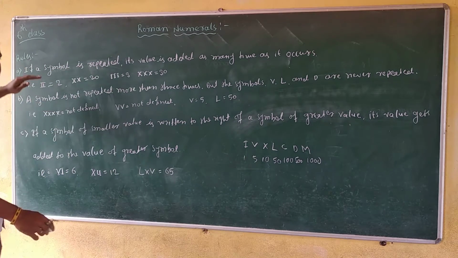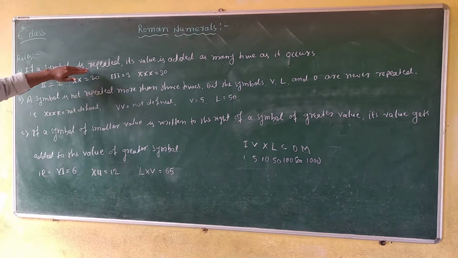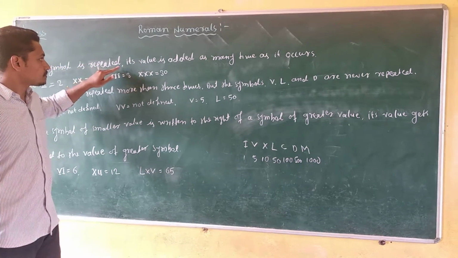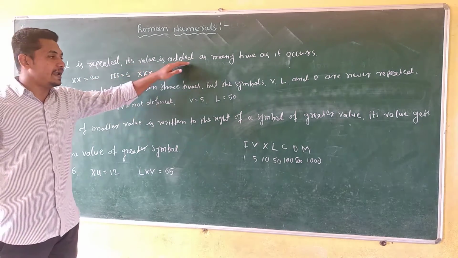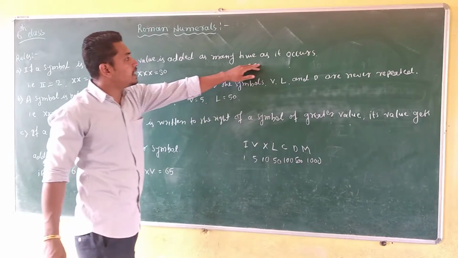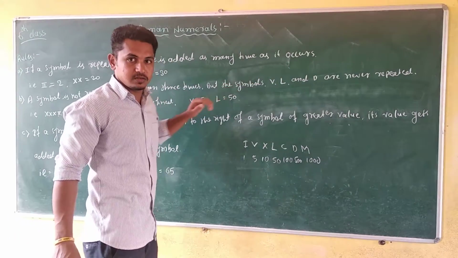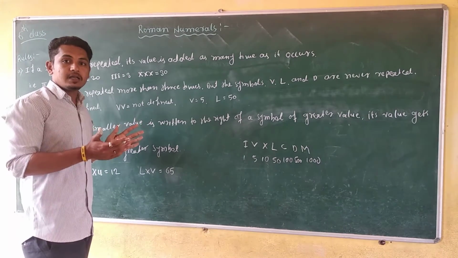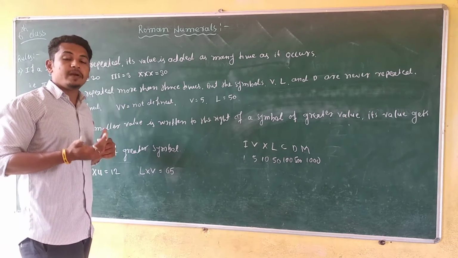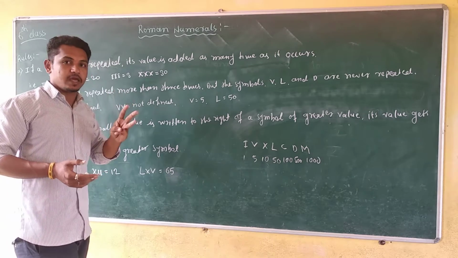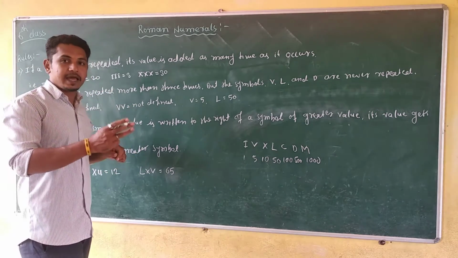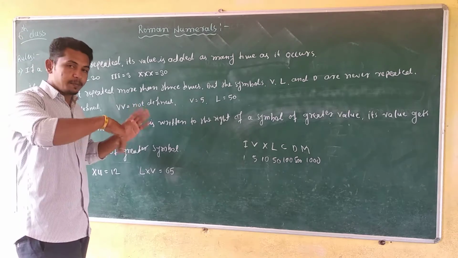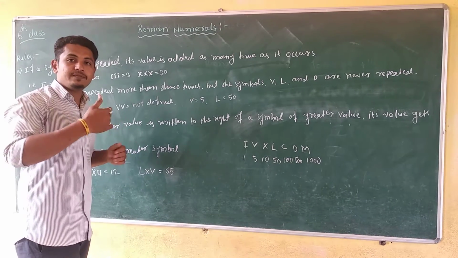See here, the first rule: if a symbol is repeated, its value is added as many times as it occurs. But maximum how many times? Only 3 times. It is not allowed to repeat more than 3 times.